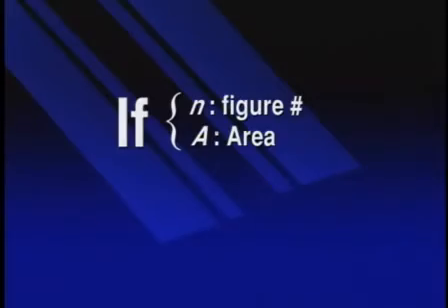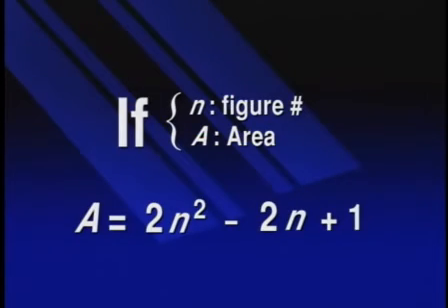We can now generalize what we've just found. If n equals the figure number for this third exploration, and a the area, the function a equals 2n squared minus 2n plus 1.